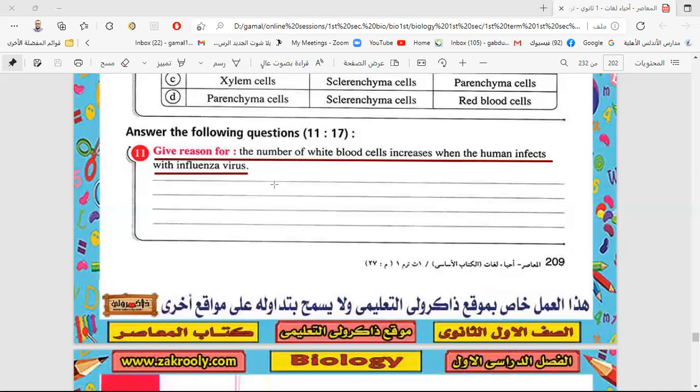So this is an indicator. A big number of white blood cells in the blood is an important indicator that a pathogen has entered the body. This is the importance of the blood count.